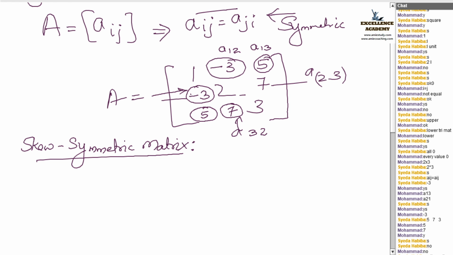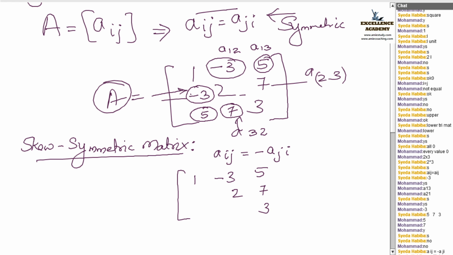For a symmetric matrix, it was only the magnitude that mattered, Aij was equal to Aji, whereas for a skew symmetric matrix, Aij will be equal to minus Aji. So let us take the same example of A, with 1, minus 3, 5, 2, 7, 3, as unknowns.